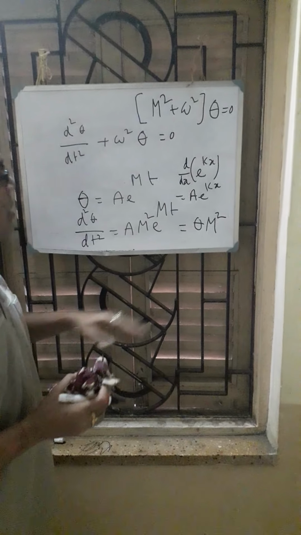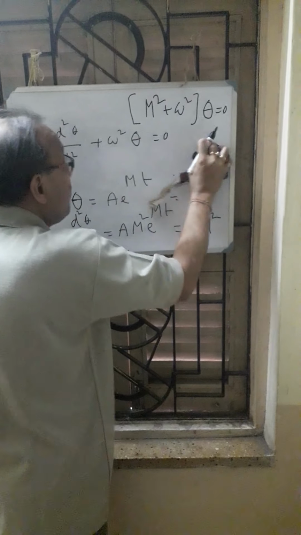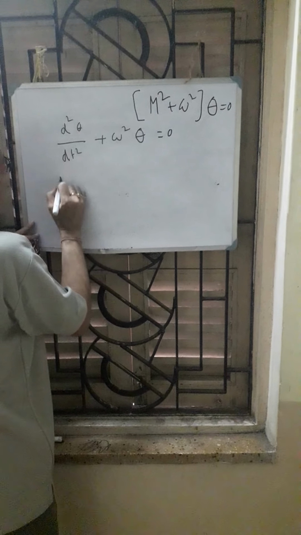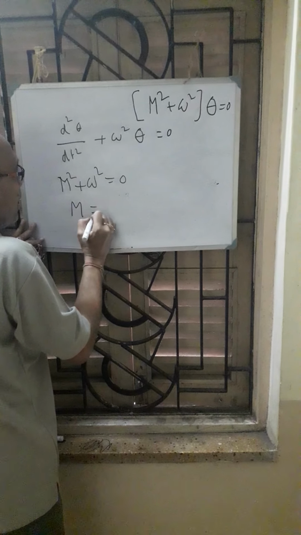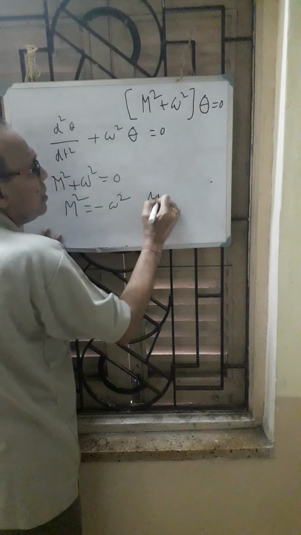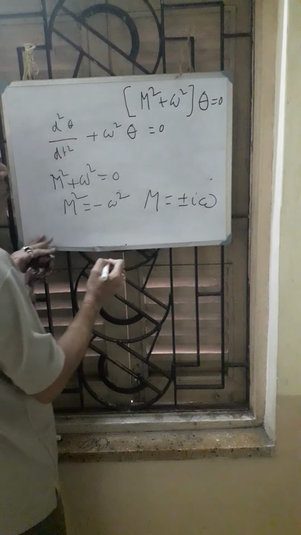That is, shape is not changed, only amplitude is changing. This is another very vital approximation of ours. We are doing it in general. And I get m square plus omega square equal to 0. Therefore, m square equals minus omega square, m equal to plus minus i omega.